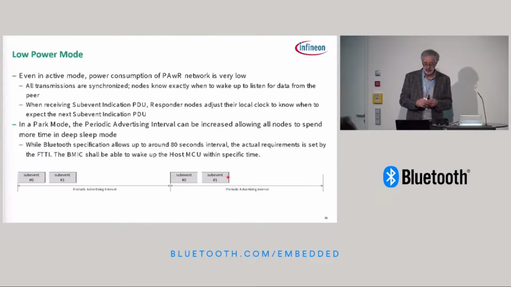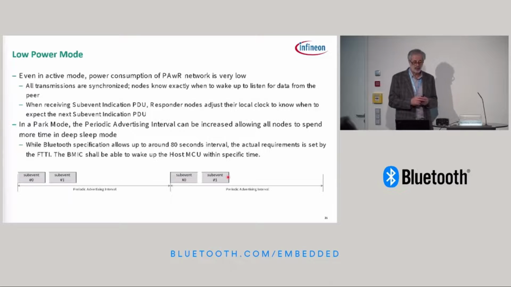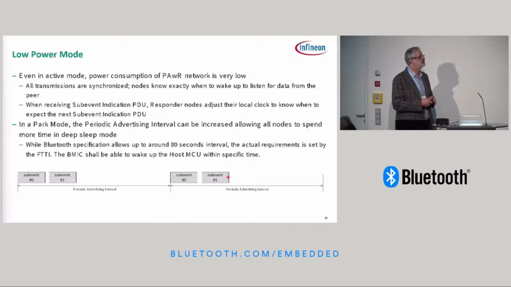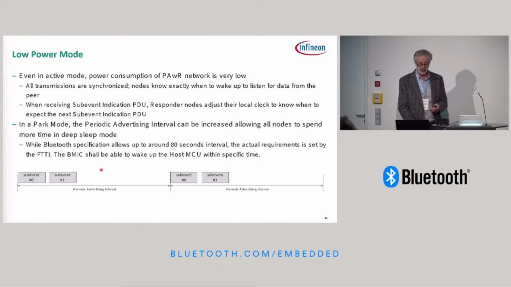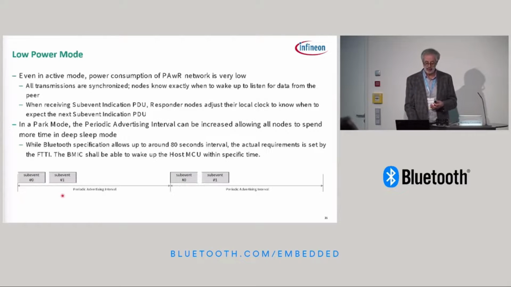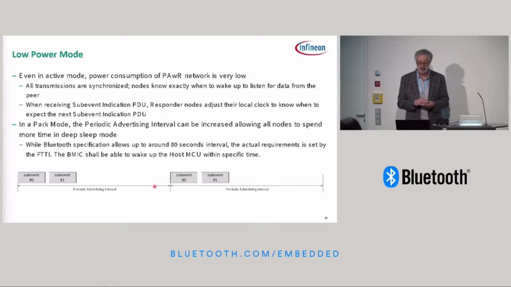All right, the very fast, low power mode. When your car is parked, you don't need to collect this battery data every 100 milliseconds, or every 20 milliseconds, as some manufacturers would want. What you can do is use the same sub-event to transmit data, and another sub-event for retransmission, and then increase the periodic advertising interval.